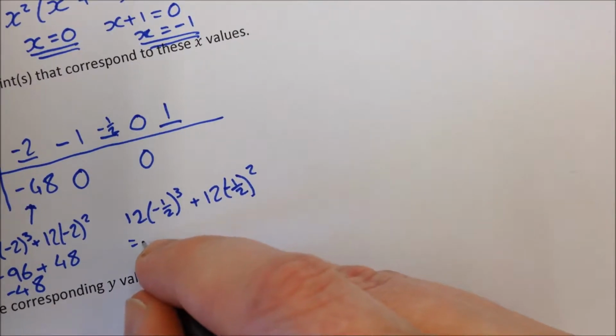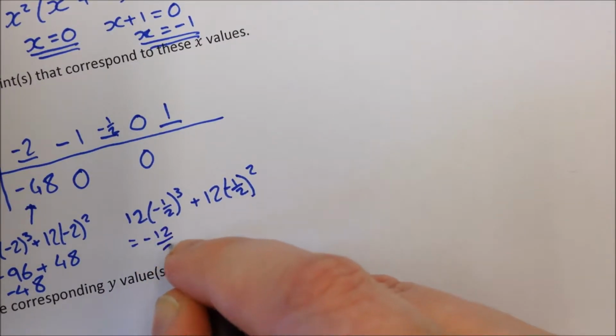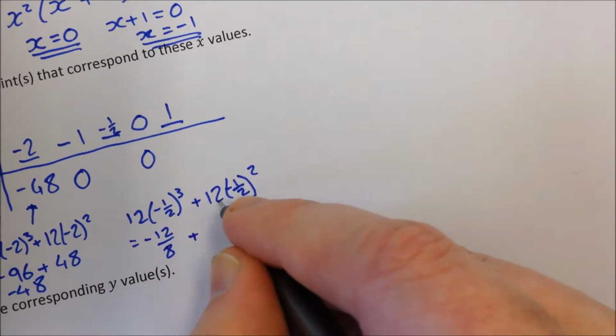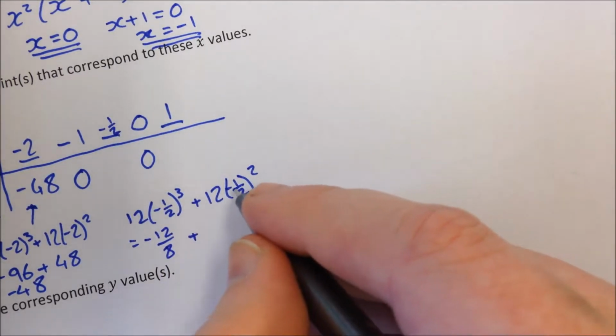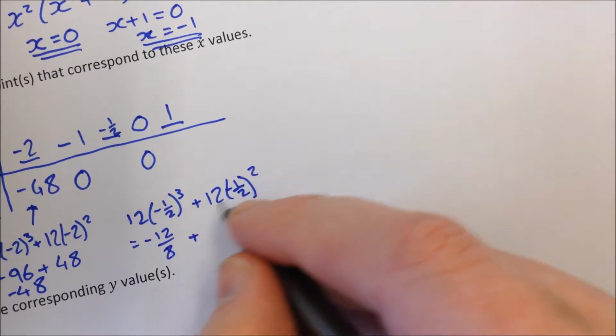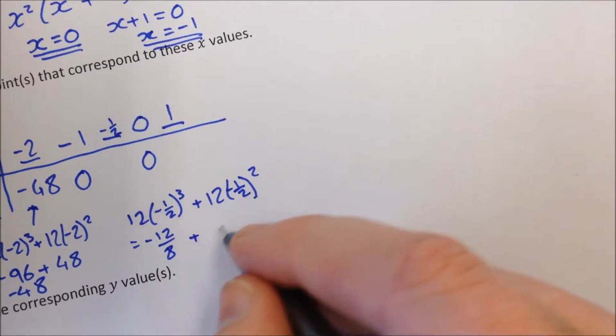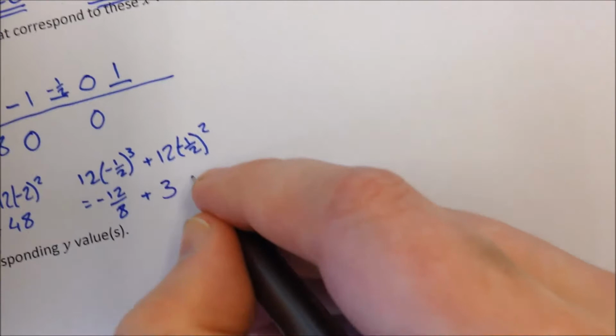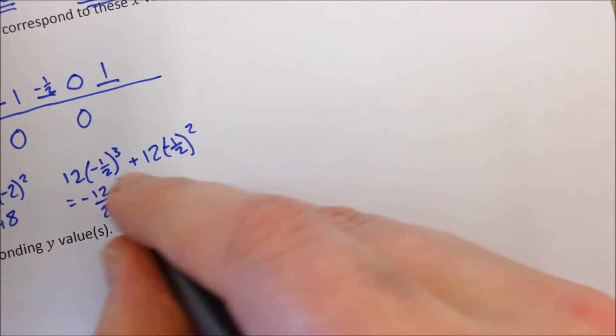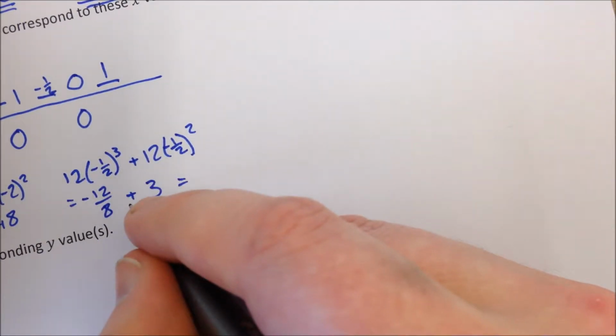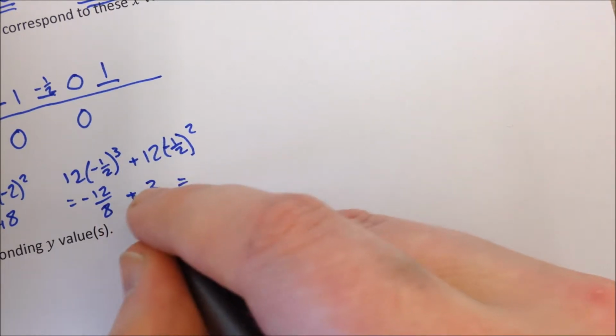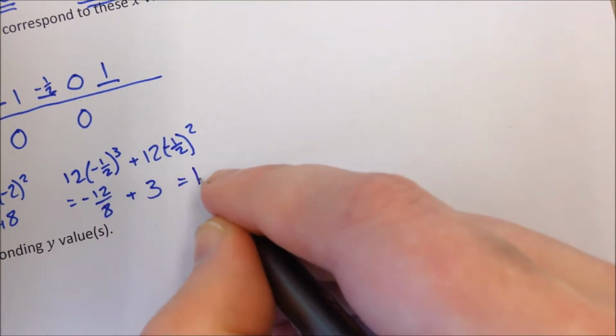So that'll be negative 12/8, that bit there. And that will be 12 lots of negative 1/2 squared. Negative 1/2 squared is a quarter, so 12 quarters is 3. So really that is 12 over 8, which is 1.5. So it's negative 1.5 plus 3, so it's 1.5.